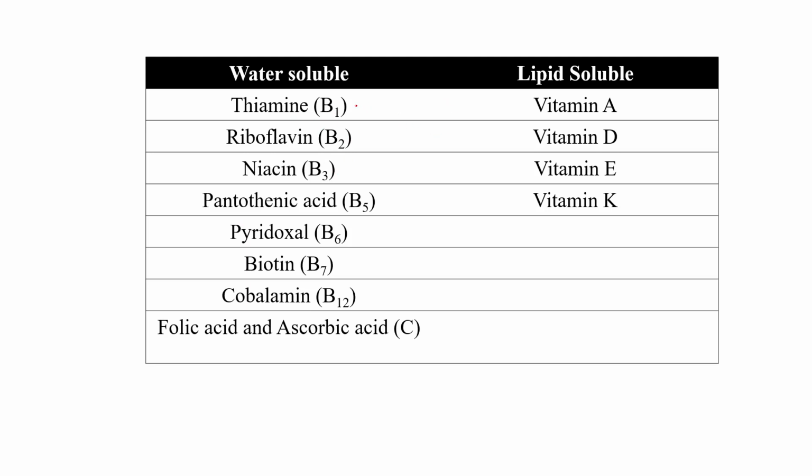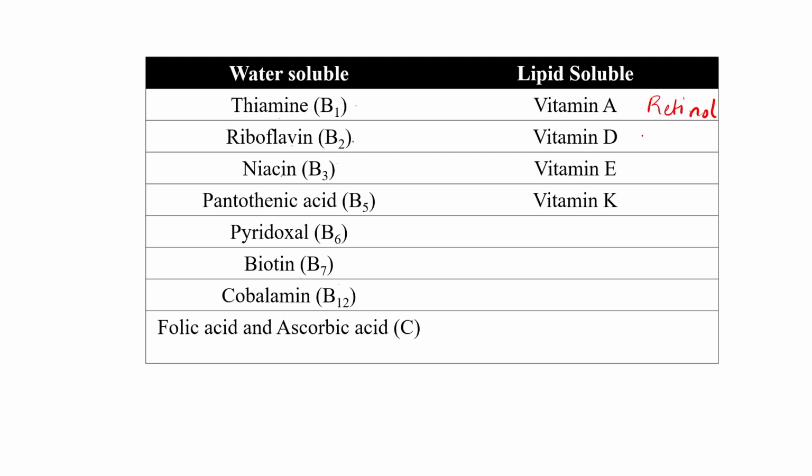From these, vitamin B1 is thiamine, B2 is riboflavin, B3 is niacin, B5 is pantothenic acid, B6 is pyridoxal or pyridoxine, B7 is biotin, and B12 is cobalamin, and vitamin C is ascorbic acid. Vitamin A, we have studied. Vitamin A is retinol.